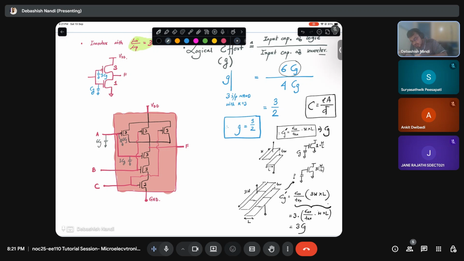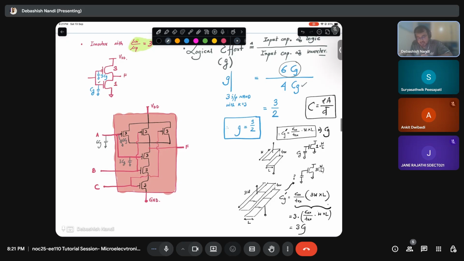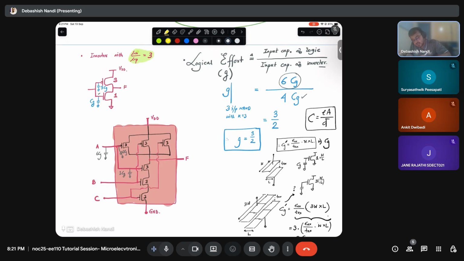Similarly, in case of the inverter also, with the same logic, you see 4 Cg. So your logical effort is defined as the input capacitance of the logic gate divided by the input capacitance of the inverter. That's how you get your 3 by 2. Understood, sir.